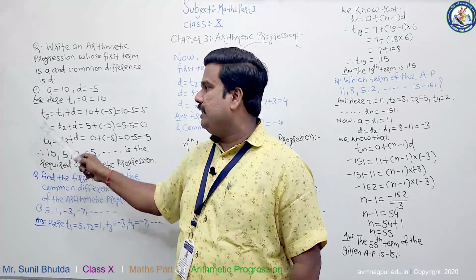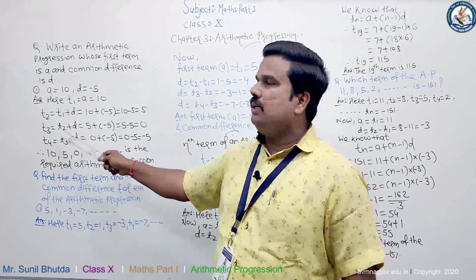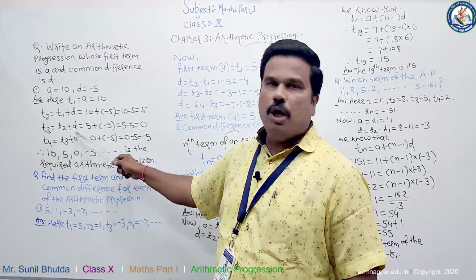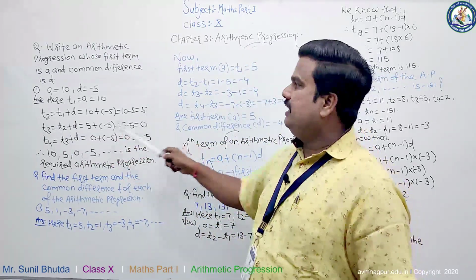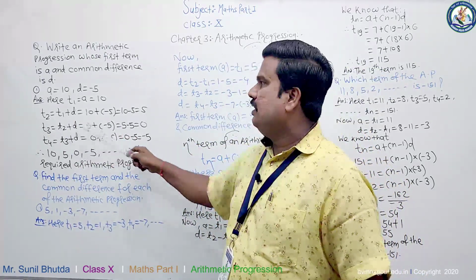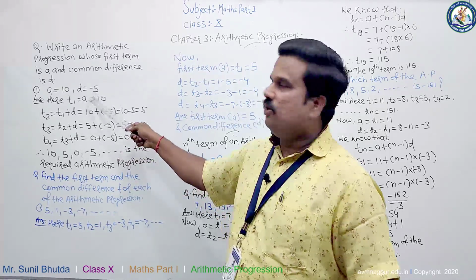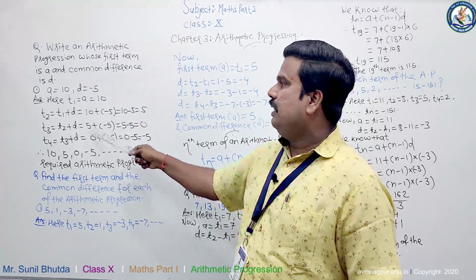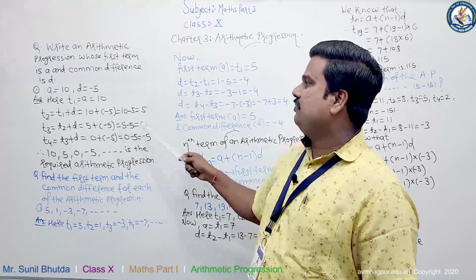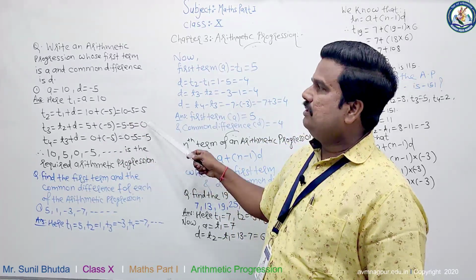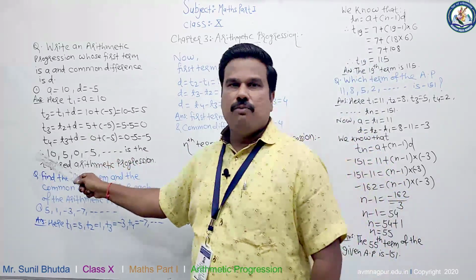The third term can be calculated by adding the second term and the common difference. Our second term, in the previous step, is 5, plus the common difference, minus 5. Plus into minus will give minus 5, and 5 minus 5 will be equal to 0.